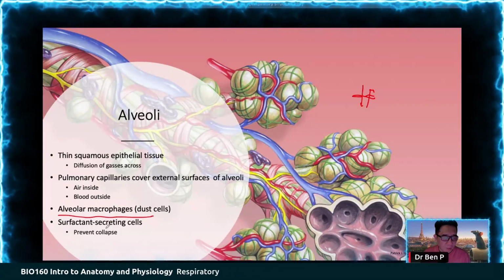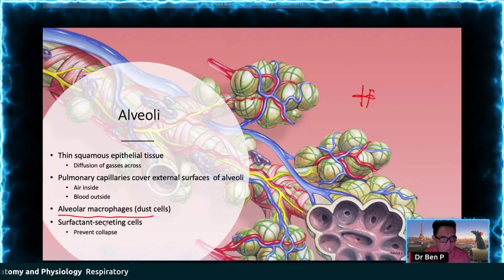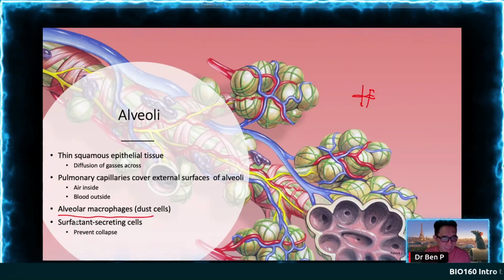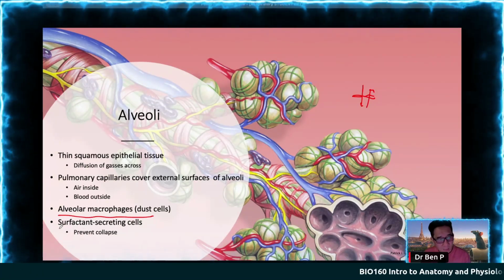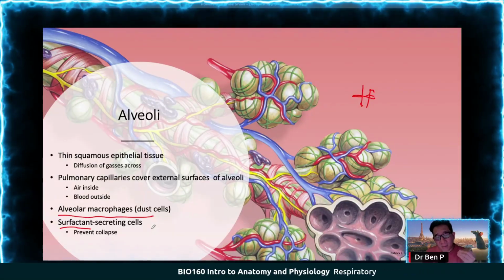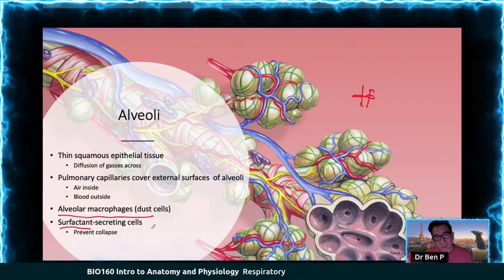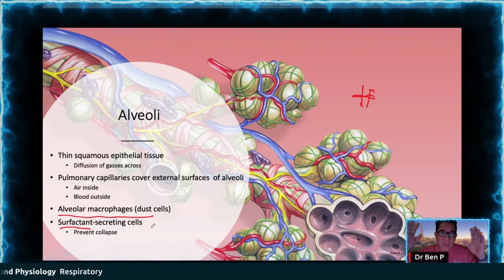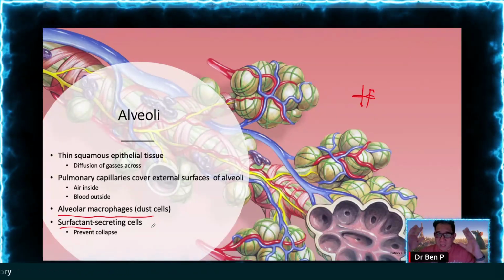Okay, you also have type 1 and type 2 cells, and type 2 is called the surfactant secreting cell. Surfactant is something you should know. Surfactant is actually a chemical, a lubrication for your lungs. Without your surfactant, every time you breathe in and out, your lungs expand and then come back in.